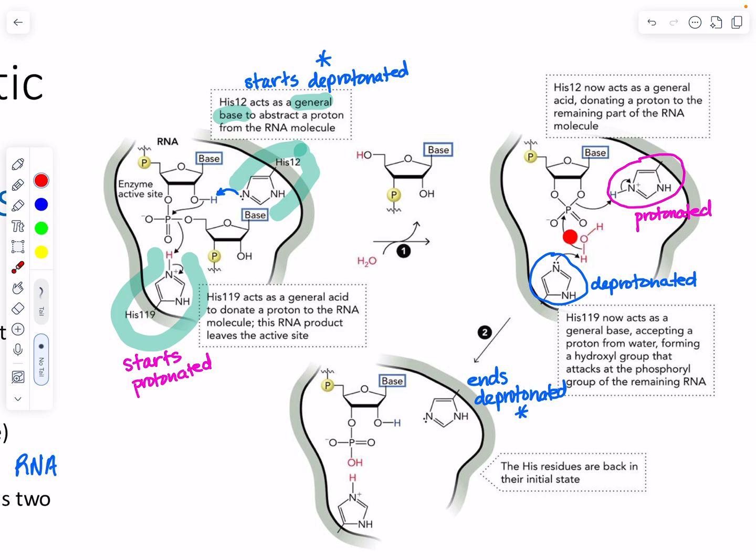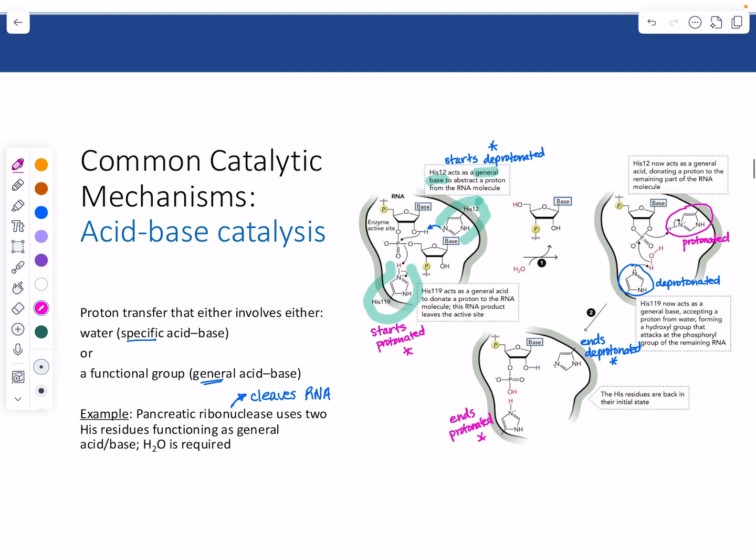That hydroxyl is going to attack the phosphoryl group of the remaining RNA, and that's going to allow for product release, and the histidine residues are going to wind up being in their initial state. So it's going to end protonated. Okay, so that's how acid-base catalysis would work.